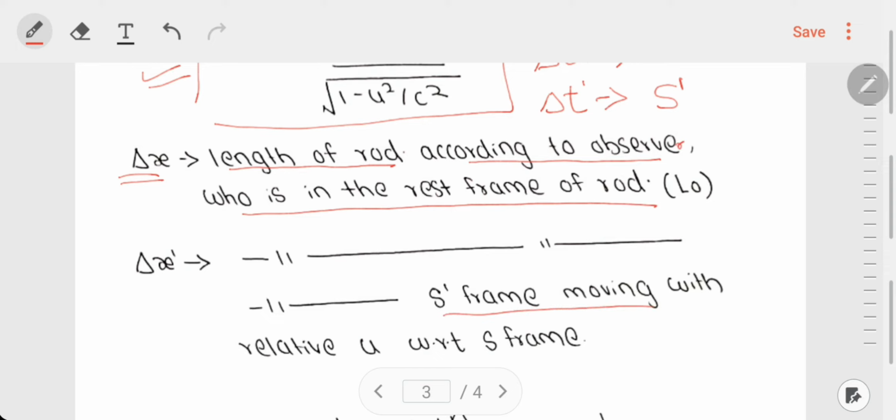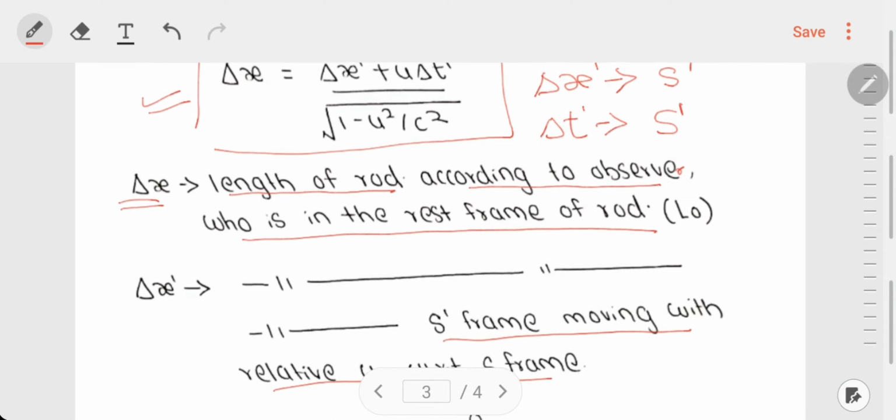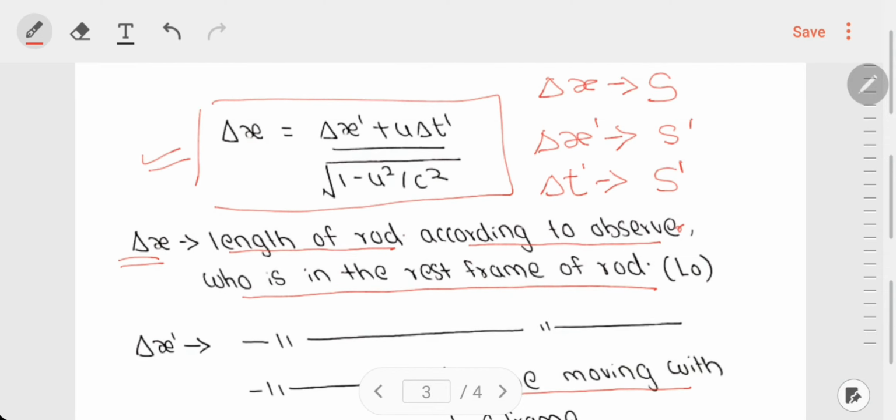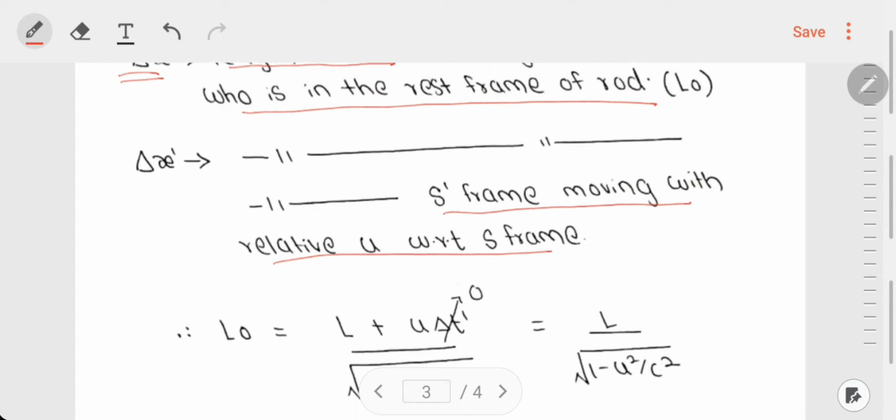who is in S prime frame moving with relative velocity u with respect to S frame, and del t prime is the time difference according to the observer who is in S prime frame.